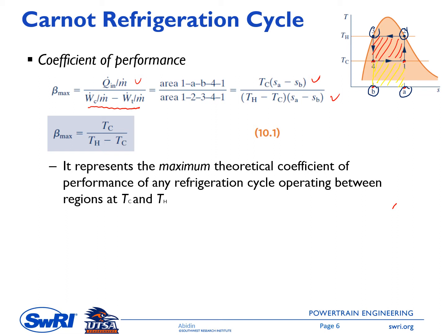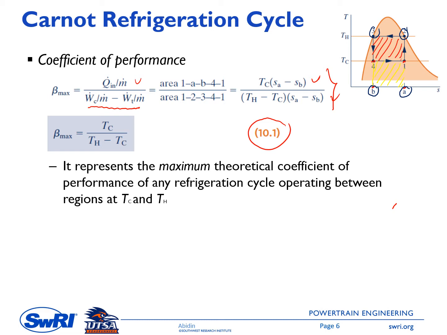The denominator is TH minus TC times SA minus SB, the area represented by the red line. We can simplify this to get equation 10.1: beta max equals TC over TH minus TC.